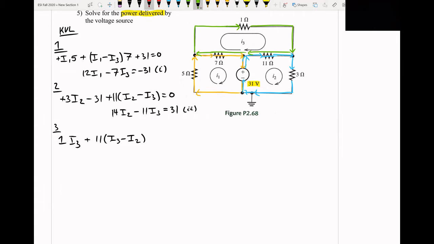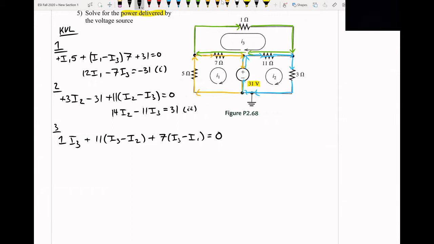We'll pass through that 7 ohm resistor, so plus 7 times I3 minus I1, and that'll be equal to 0.